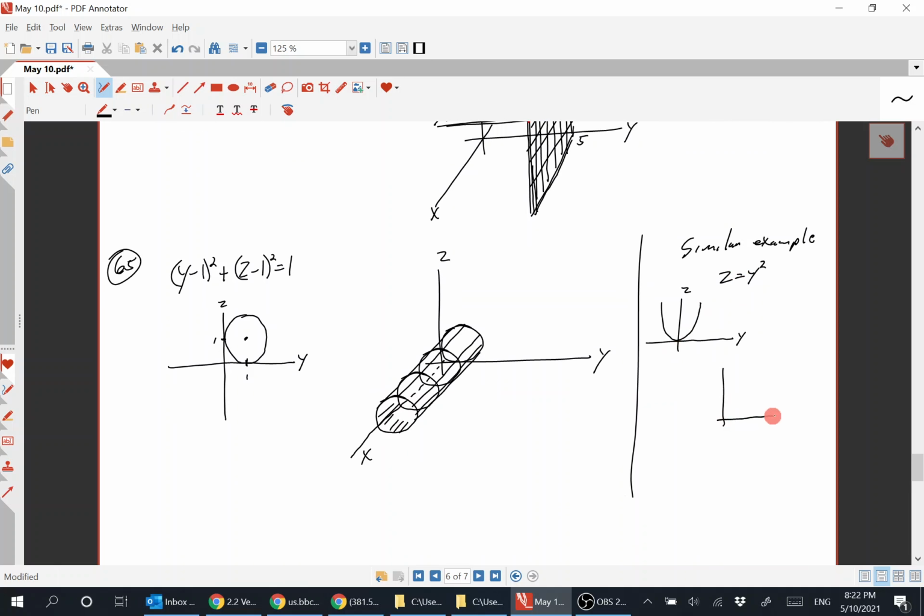So in 3 dimensions, you just extend that parabola in the x direction.